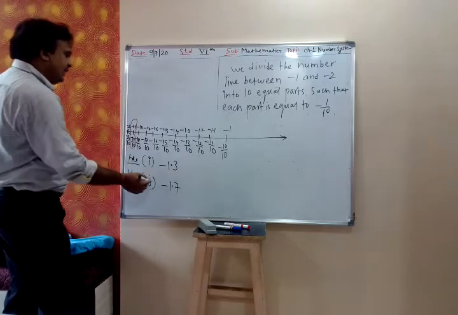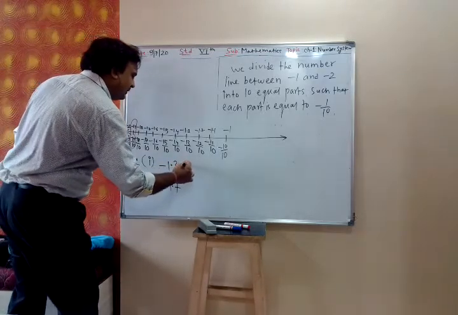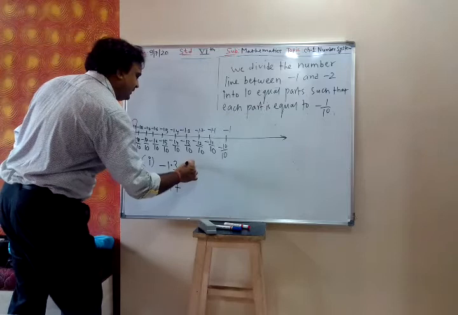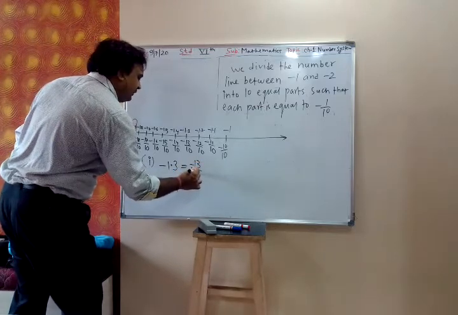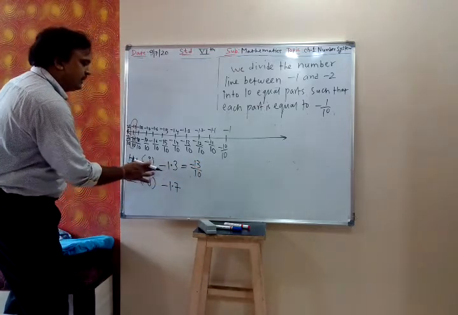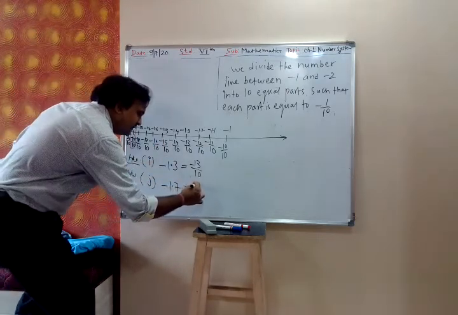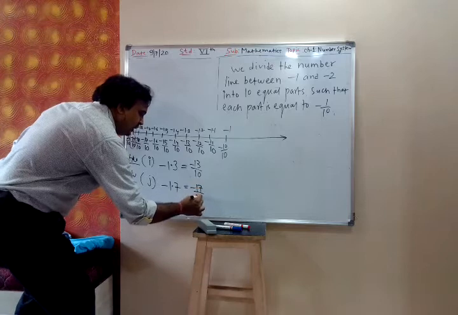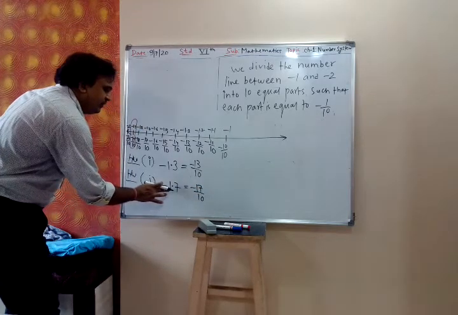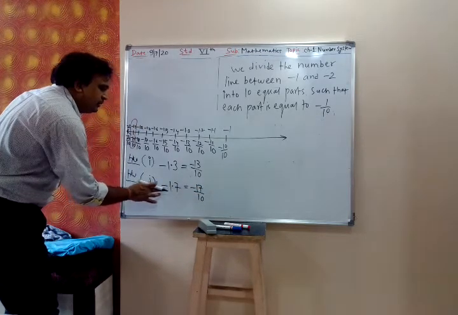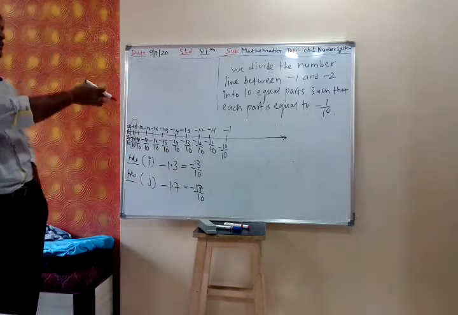I and J, they are the same. This I will write as minus 13 upon 10. Minus 1.7 is the same as minus 17 upon 10. So I will divide the number line between minus 1 and minus 2 into 10 equal parts. You will get the same answer.